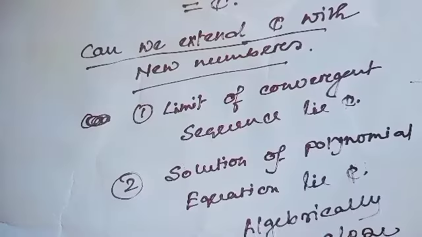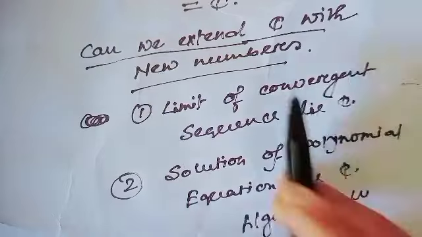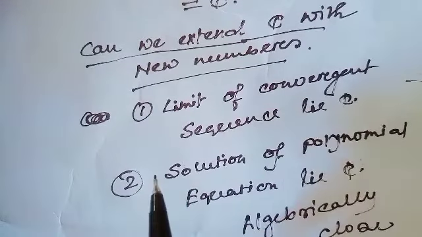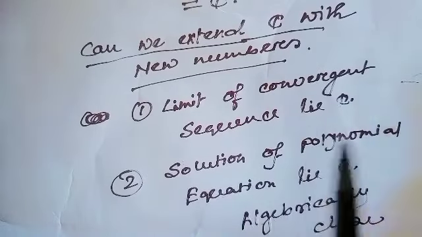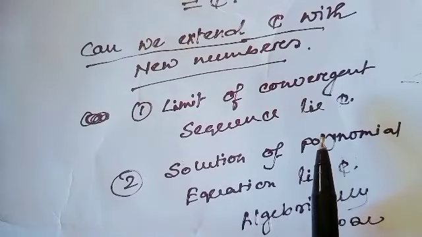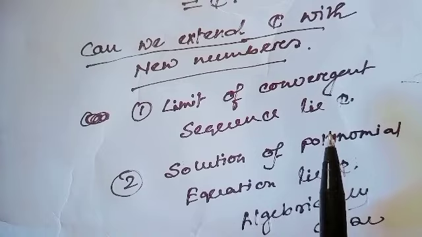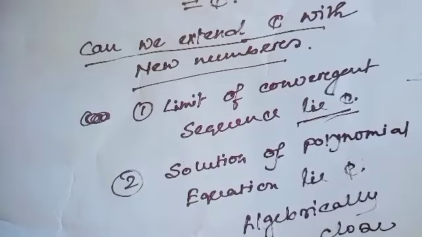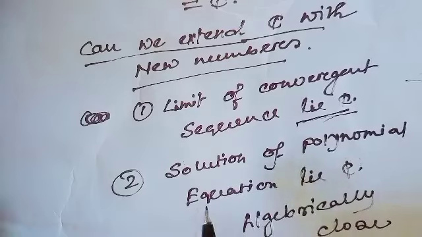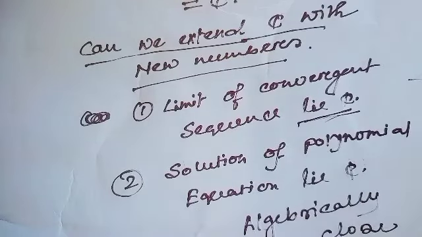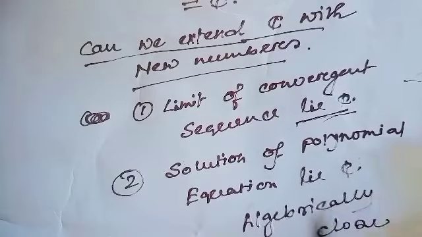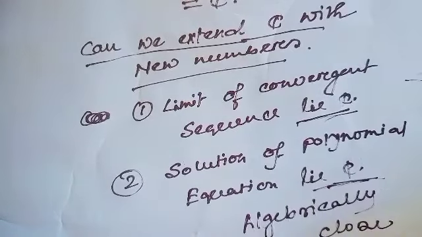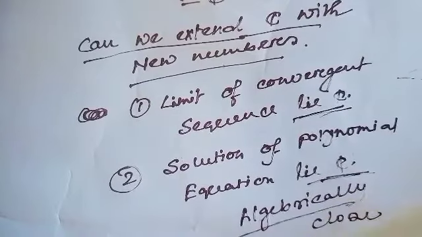And the last question: can we extend the complex numbers with new numbers? Just think. The limit of a convergent sequence of complex numbers always lies in the complex numbers. Also, just recall, solutions of polynomial equations always lie in the complex numbers because the complex numbers are algebraically closed.